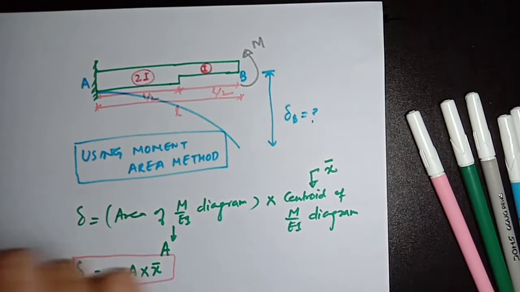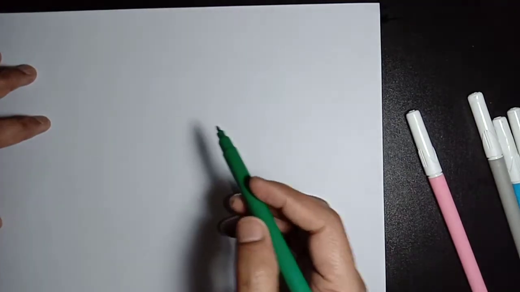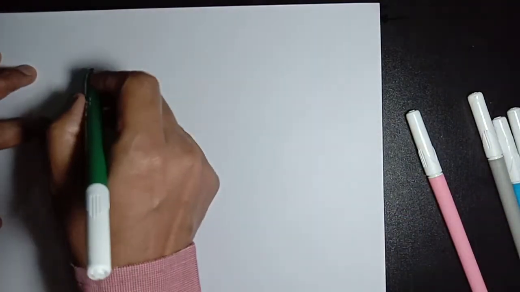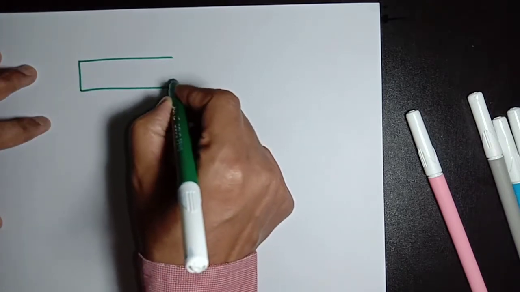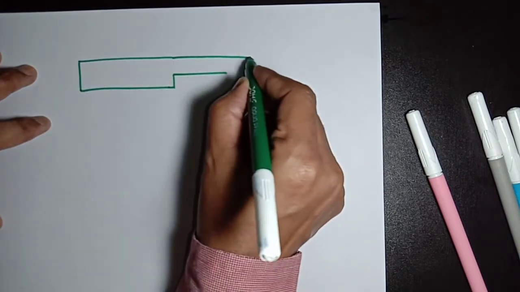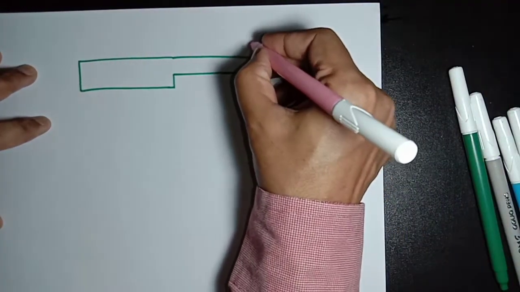Now we are going to draw the bending moment diagram for this beam, which is subjected to a concentrated moment. Now the beam is here, this is the beam. This beam has a concentrated moment applied at the tip of this cantilever beam.